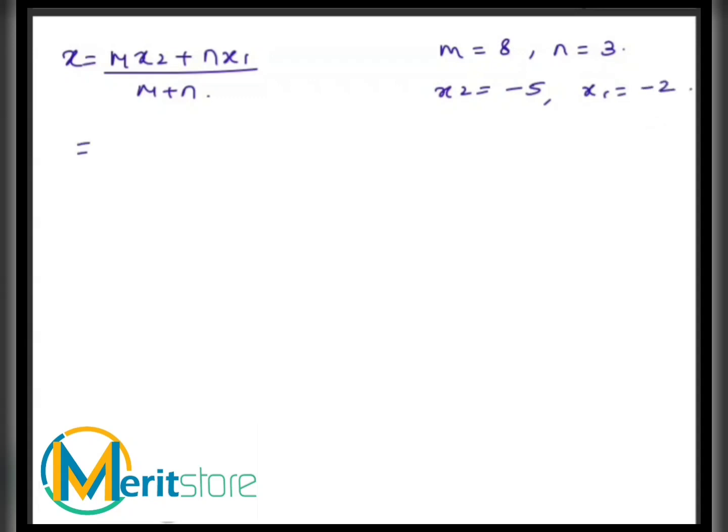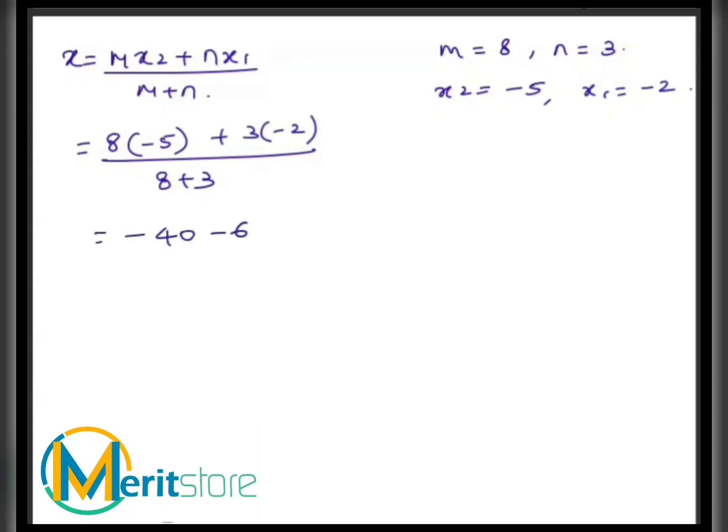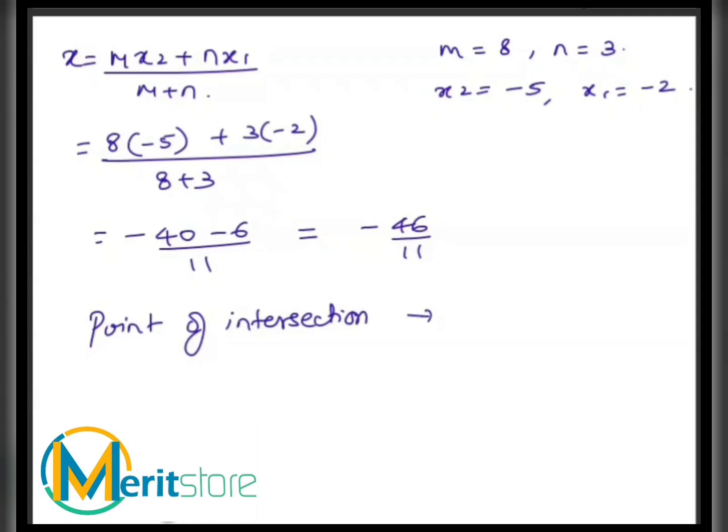So I'm going to use that here. So 8 into -5 plus 3 into -2 upon 8 plus 3. That becomes -40 minus 6 upon 11. That becomes -46 upon 11. So the point of intersection, for that point, the coordinates are -46 upon 11 and -3. That's our answer.